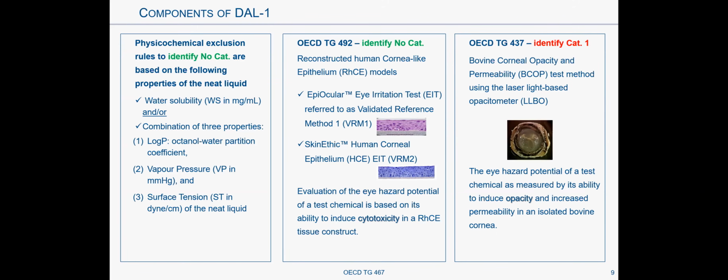And then the third component in the DL1 is the bovine corneal opacity and permeability test method, where we use the laser light-based opacitometer, or the LLBO, according to OECD TG 437, and we use it to identify category 1. And the eye hazard potential of a test chemical is measured by its ability to induce opacity and increased permeability in an isolated bovine cornea. But we focus only on the use of the opacity in our defined approach.